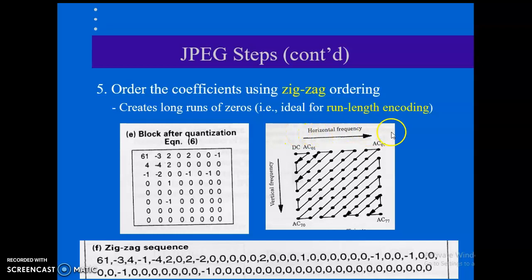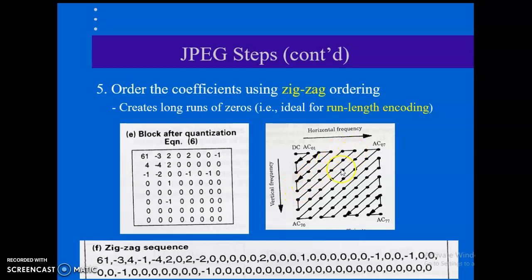The x-axis is horizontal frequency, the y-axis is vertical frequency. Here is DC, then AC01, we start here and come in this way.